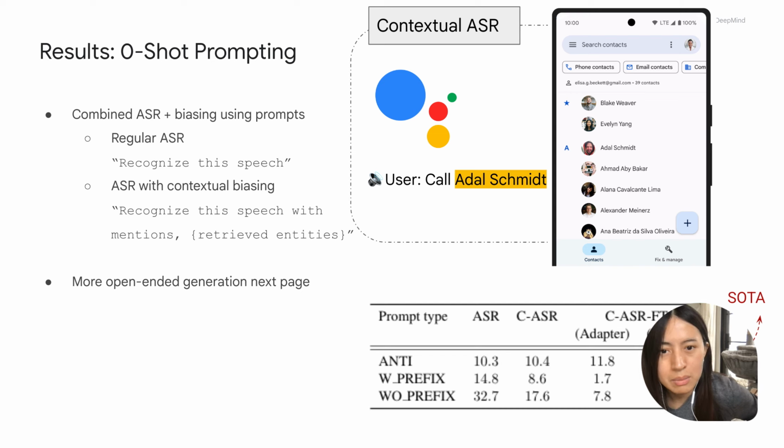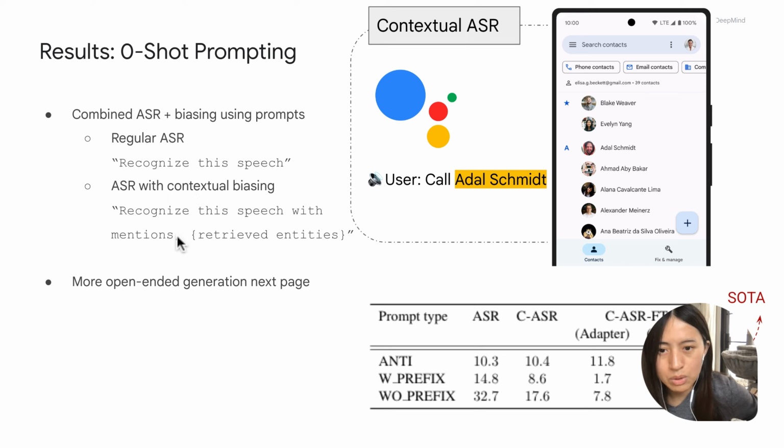So here's an example, the contextual ASR. Say we want to recognize a voice search, and the voice search is conditioned on different users' context lists. So for example, this user has these contact names. If the model is able to condition on that, generally the model can do a better job in contextual speech recognition. For the regular ASR case, we simply prompt the model with recognize this speech.